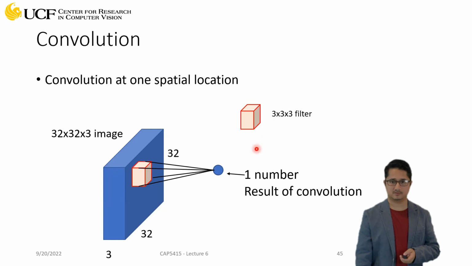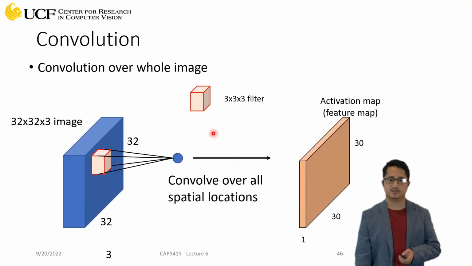Okay, so now what happens is you take this filter and applying at one location gives you one value, but you just don't stop there. What you will do, you will apply at all the possible locations. All right, so you have seen the sliding window approach. We have talked about that earlier.